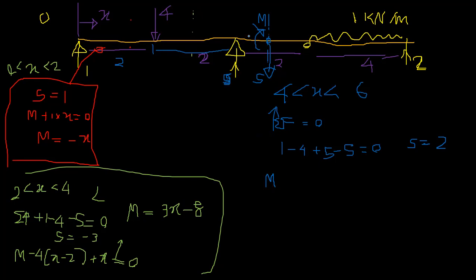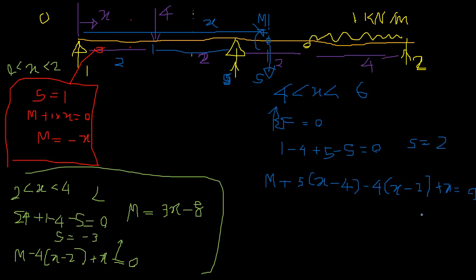So 5 into, now this is x minus 4, plus 4 into x minus 2, minus, that is anti-clockwise, plus 1 into x, that is clockwise, equals 0.